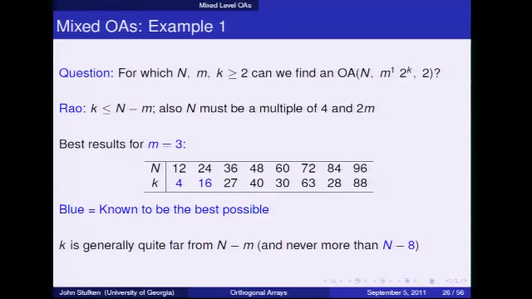Very simple case. So I have one factor with m levels and k factors with 2 levels. And I'd like to know how many runs I need in order to build such an orthogonal array. And I'm taking a very simple case here. I'm taking m is equal to 3.